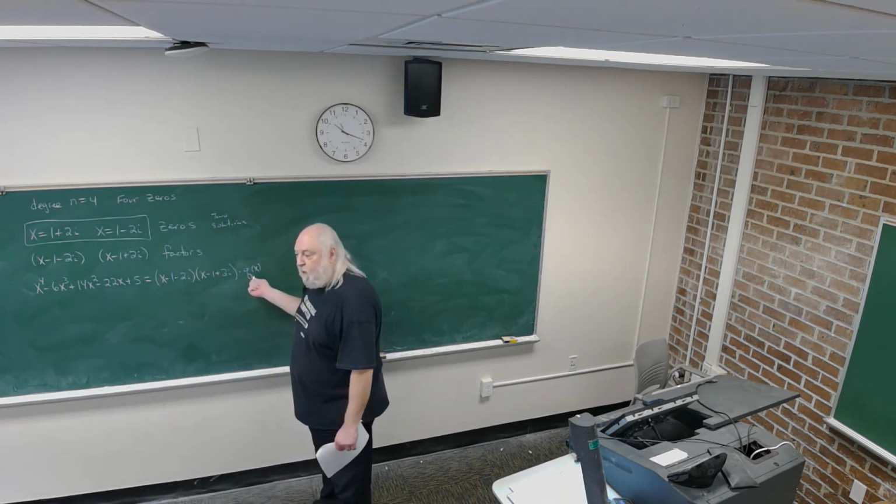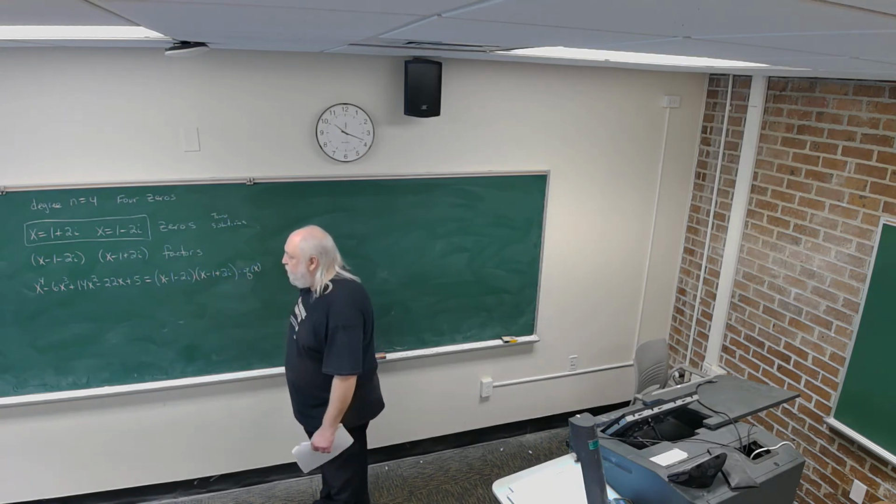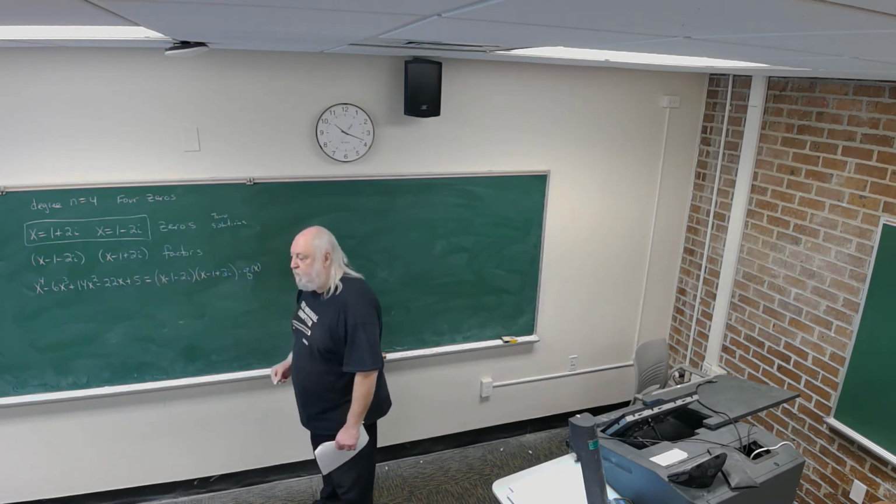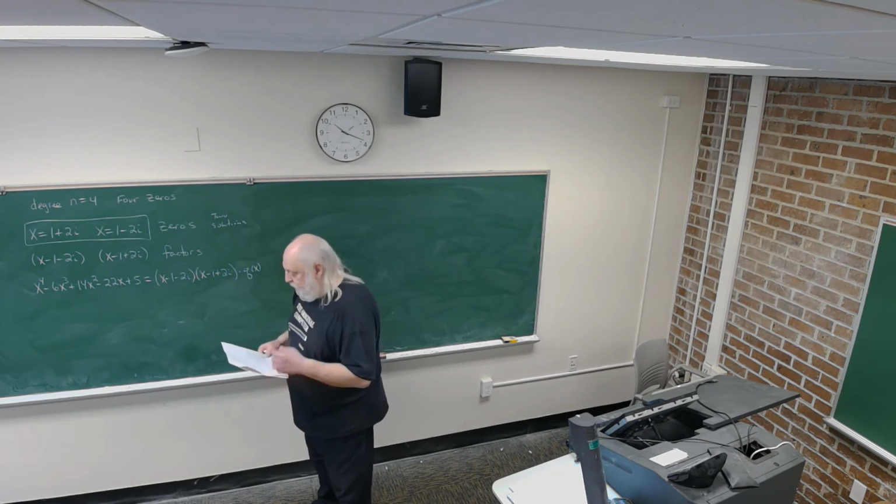And it has to be a quadratic, x squared, because our polynomial is a 4th degree polynomial. x squared times x squared gives us x to the 4th. Okay. All right.